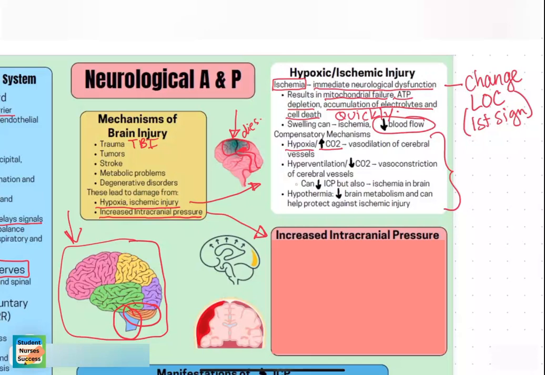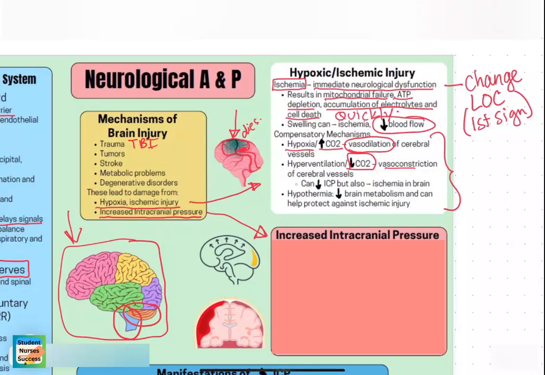So that rise in CO2 actually causes vasodilation of the cerebral vessels to try to get more blood up there and to get as much oxygen up there as it can. Likewise, with hyperventilation or when your CO2 levels drop, we start to see a little bit of vasoconstriction of those cerebral vessels. Now, we also know that a decrease in intracranial pressure also happens when we vasoconstrict.